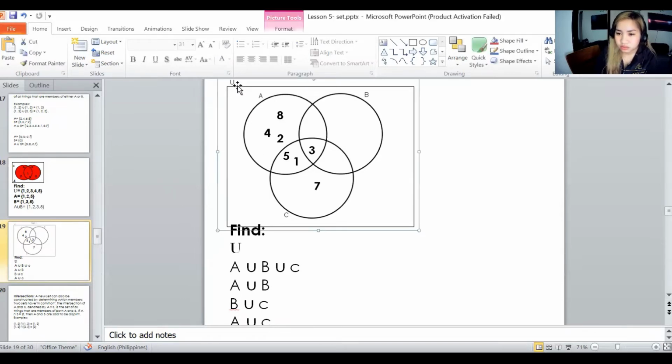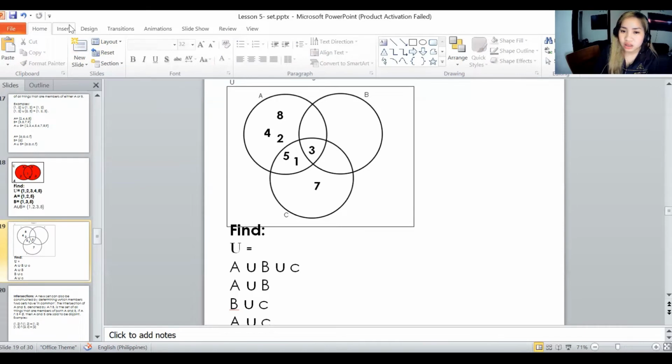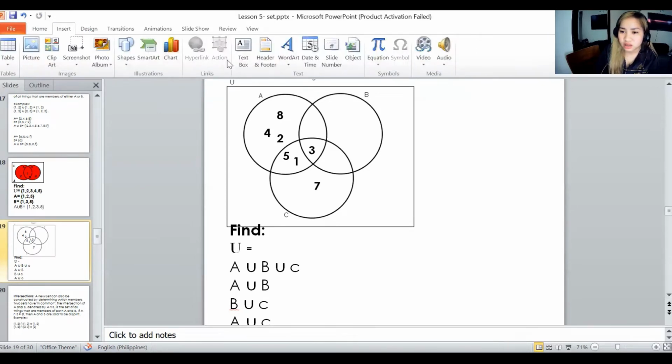Nilalabas ko yung U kasi para hindi masyadong maraming laman yung loob ng rectangle. Pero, universal po yan. So, for the universal, again, lahat ng elements sa loob ng rectangle is under nung set ni universal. Gagawin natin muna is identify natin yung mga elements nung set natin.